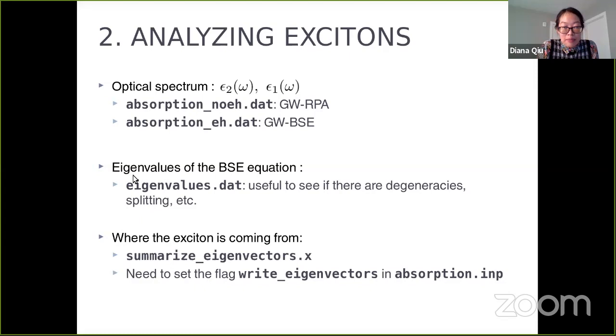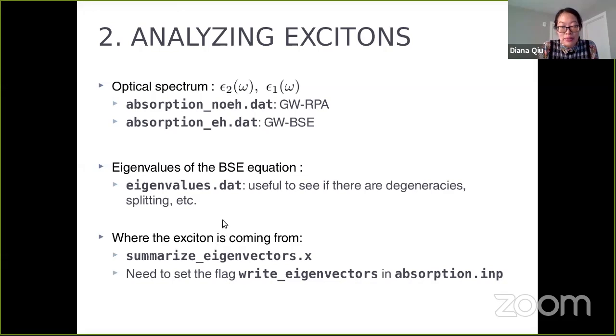You can open it up, take a look at what the actual excitation energies are, and see if there are any degenerate excitons or dark excitons that don't show up in your absorption spectrum. And then finally, we have a utility called summarize_eigenvectors.x, which tells you where the eigenvector is coming from, so where the exciton is coming from.